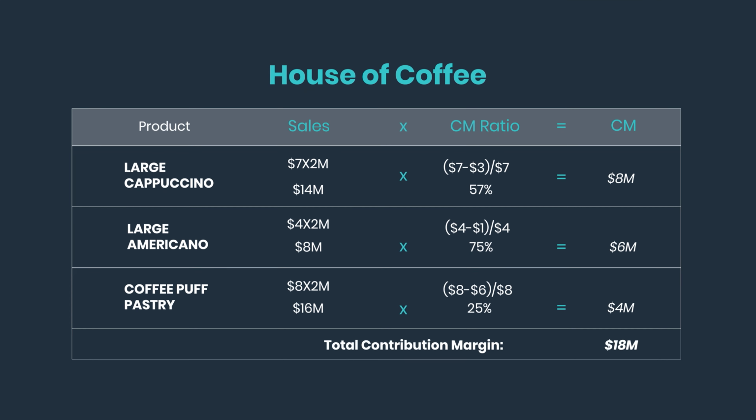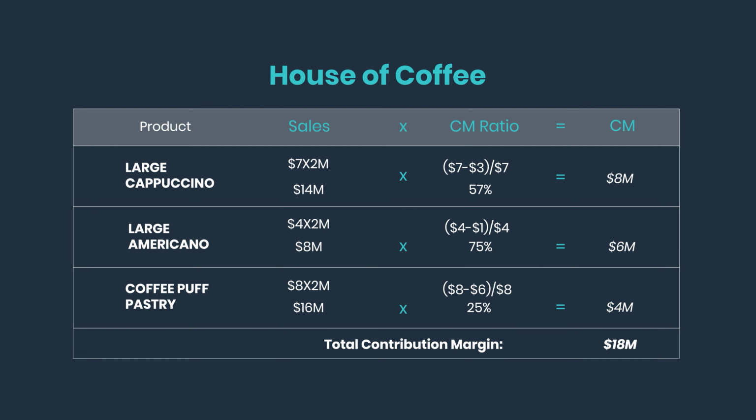Let's get back to the fixed cost the owner has: rent, salaries, insurance, and depreciation, just to name a few. When trying to cover House of Coffee's total fixed cost of $5 million, we see from this analysis that the coffee puff pastry alone will not make the grade with a $4 million product contribution margin.